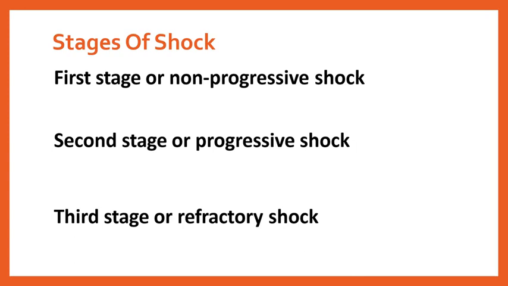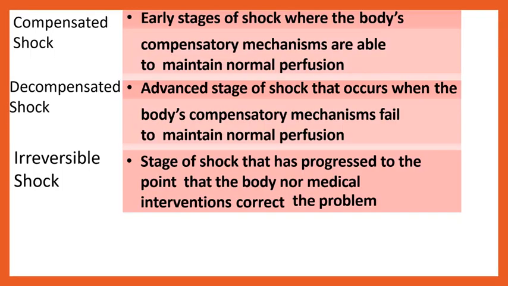And again we can divide the stages of hypovolemic shock into non-progressive, progressive and refractory or irreversible stage of shock. So we can also classify into compensated shock, decompensated shock and irreversible or refractory shock.